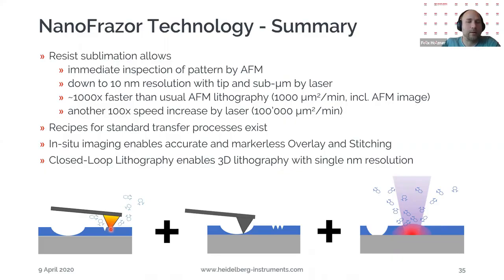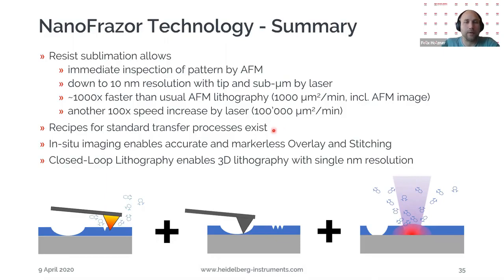Here the heating and removal is done in microseconds, while for other AFM lithography you have to stay for microseconds to milliseconds. And very important to note, for rapid prototyping, this 100x increase of speed with a laser is very advantageous. Also, I want to point out again, we have a lot of recipes for standard transfer processes like lift-off and etching and so on.